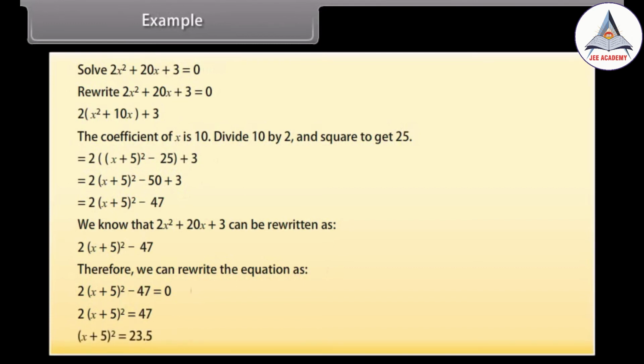Now dividing both sides by 2 we get (x + 5)² = 23.5.